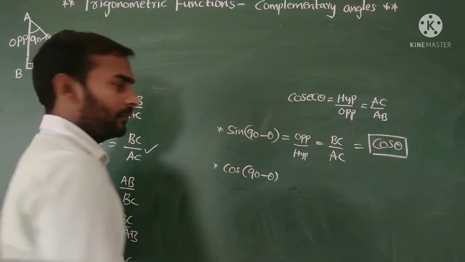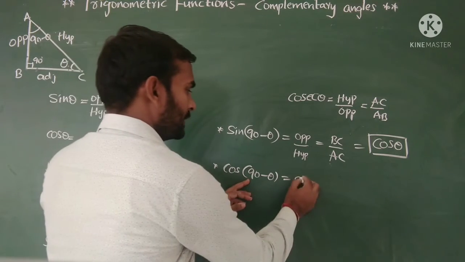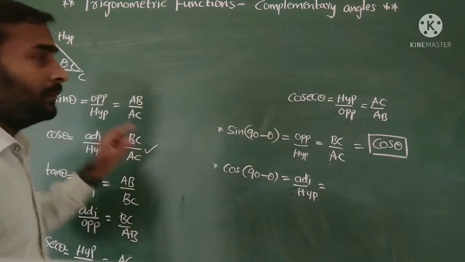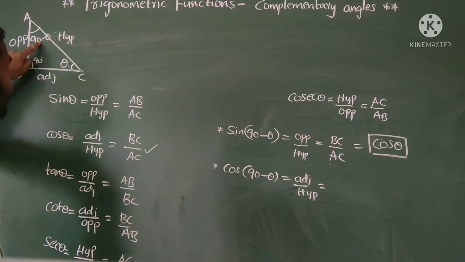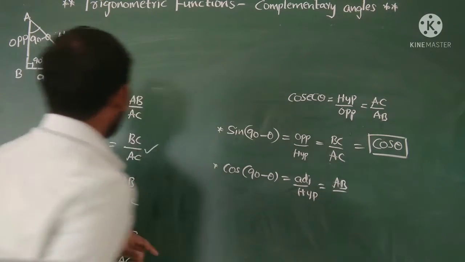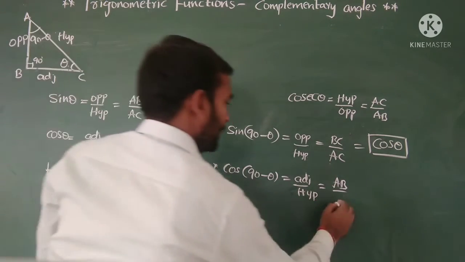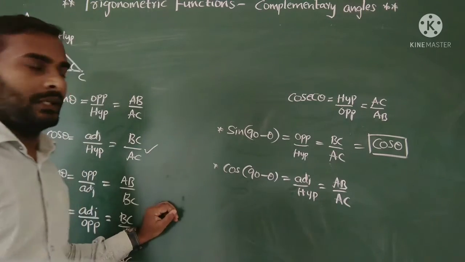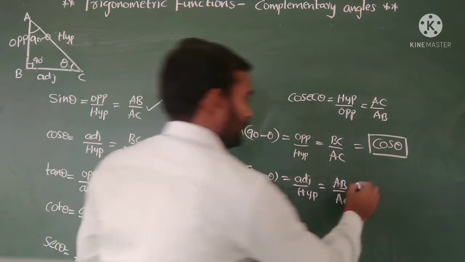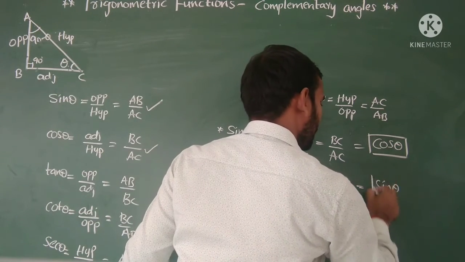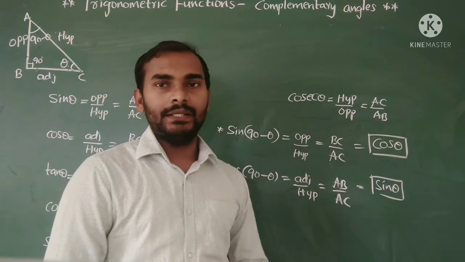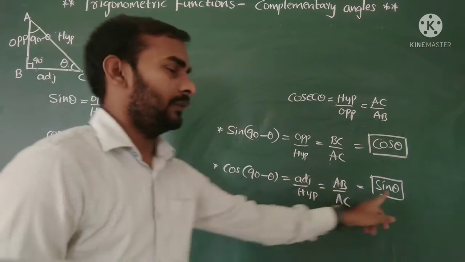Next, say cos 90 minus theta. Cos 90 minus theta I want. Cos formula is adjacent by hypotenuse. For 90 minus theta, observe it here, the adjacent is AB, and hypotenuse is AC. AB by AC, where do we have it? That is sin theta. Means cos 90 minus theta value is sin theta. Both are equal.